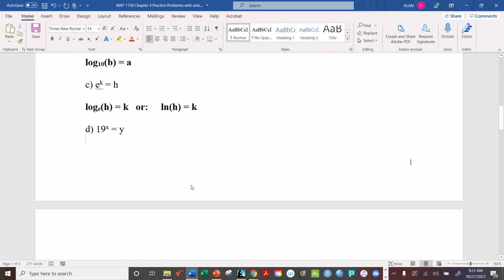Trying to find some space here. Yeah, all right, I'll write it right here. Log base 19 of y equals x.